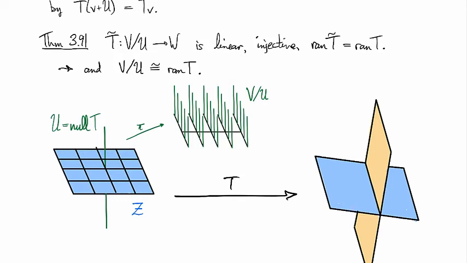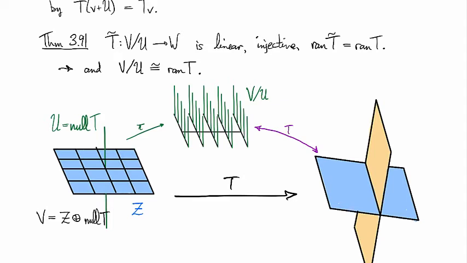So here our vector space V decomposes as the direct sum of Z and the null space of T. Then if we come over here to look at the induced map, it's going from the quotient space to the range of T.